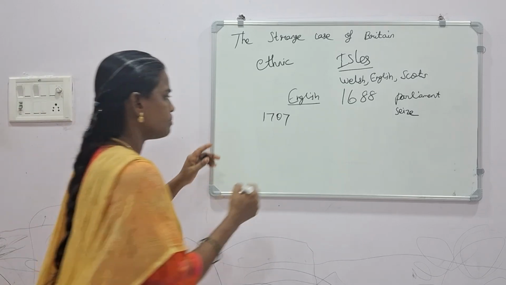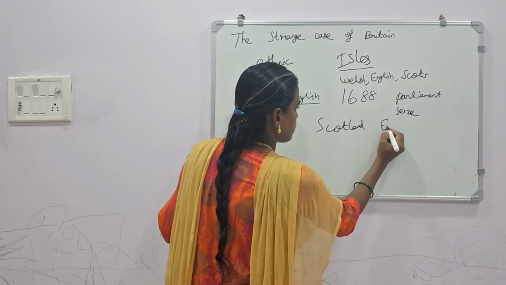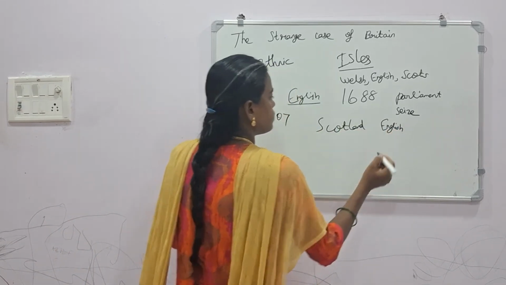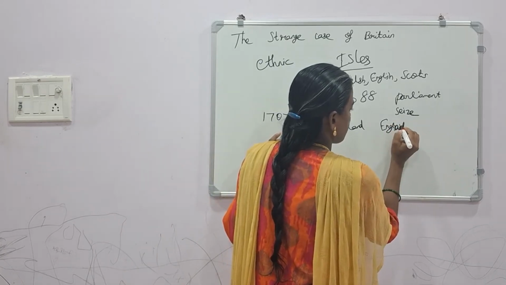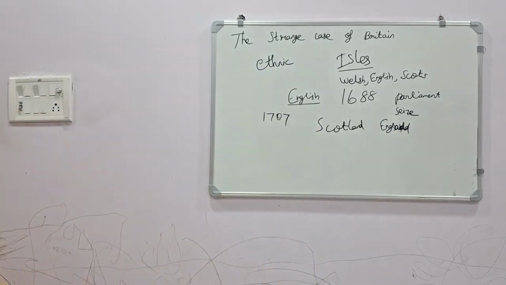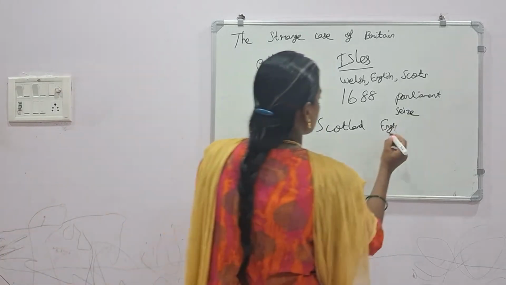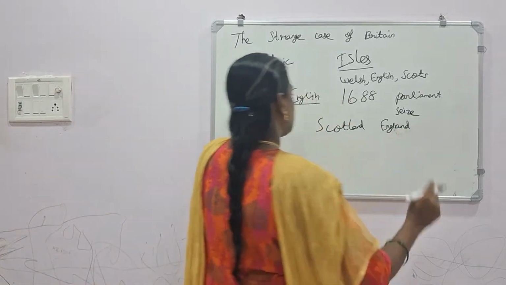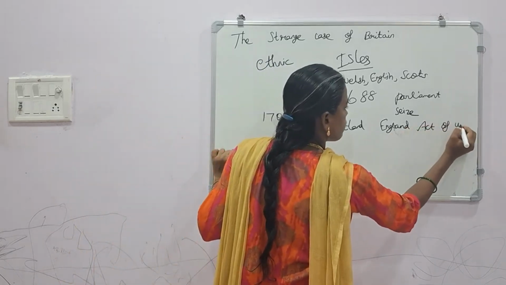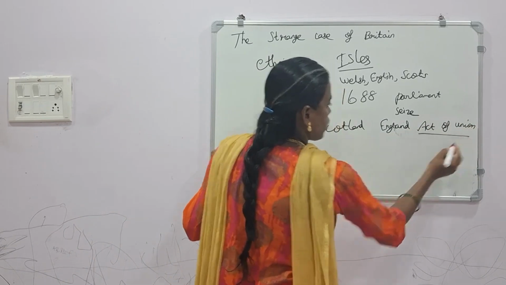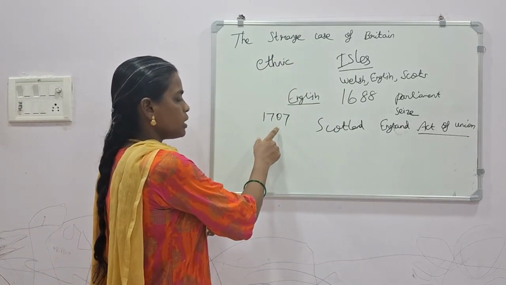So the Act of Union was implemented in 1707.